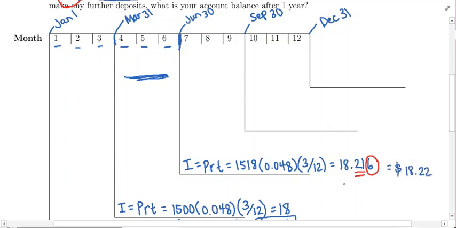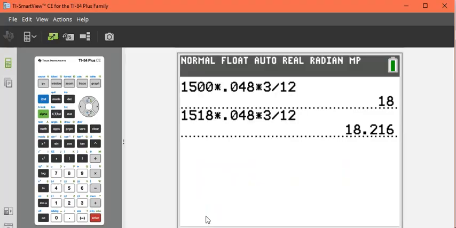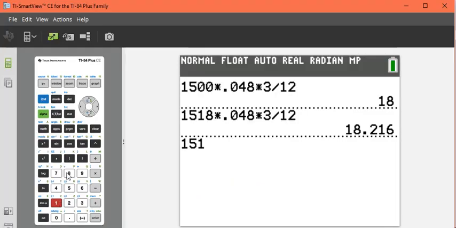So this is going to be $18.22. And then that'll tell you your account balance at June 30th. That's going to be the amount of money you had in the bank, which was $1,518, plus the interest that accrued during this time period. So let's take our calculator and do $1,518 plus the $18.22.